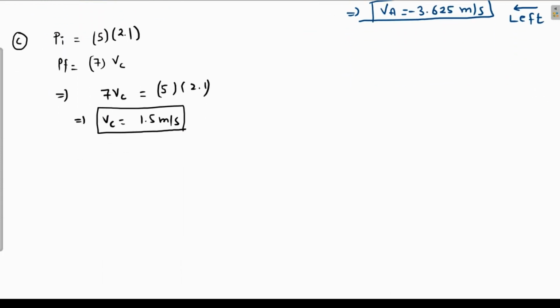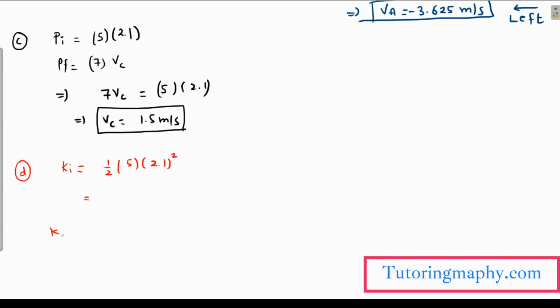Then we talk about the change in the kinetic energy. Once again, the initial kinetic energy is only because of the 5 kg block. So that's half times 5 times 2.1 squared. And the final kinetic energy is because of both, so that's half times total mass 7 because they join together, times 1.5 squared. Let me just grab my calculator. The first one is coming as 11.025 joules, and 7 over 2 times 1.5 squared is coming as 7.875 joules.